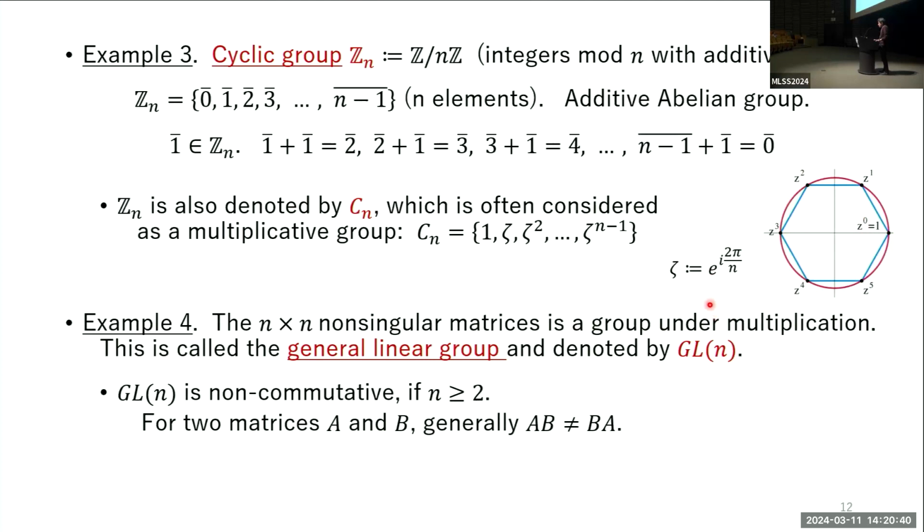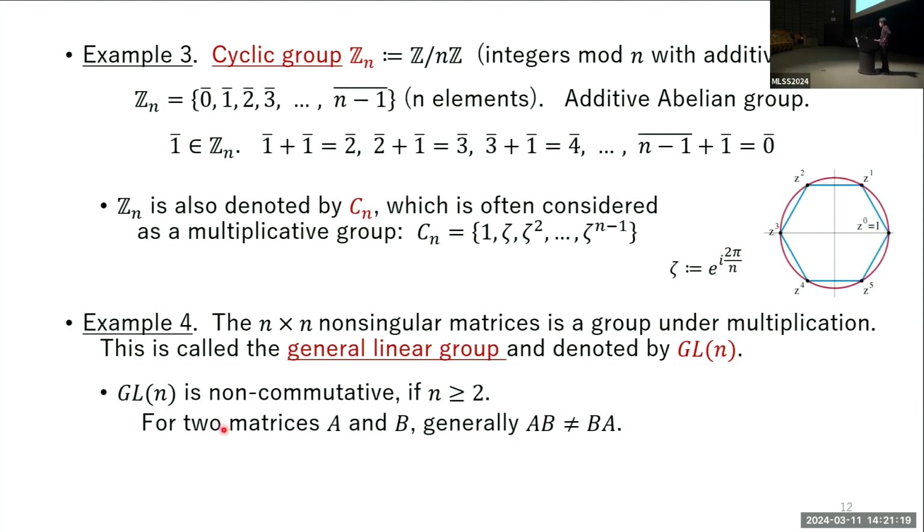In that case, an element can be written in this type of notation using the complex number. i is the imaginary unit. And in this case, this complex number can be multiplied, and we have n elements, and the multiplication gives another element within this set. And this is another expression of the same group Zn.